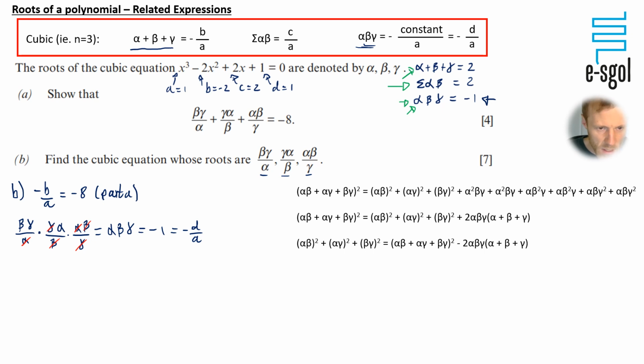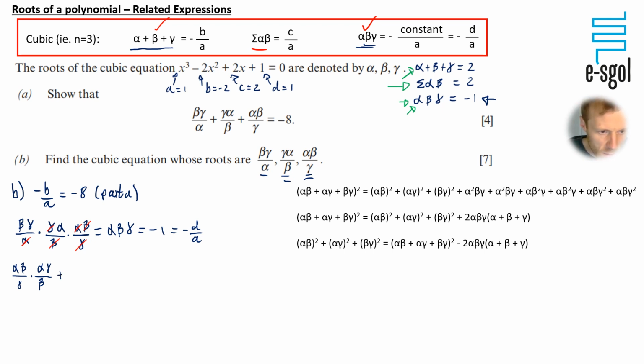It's the next bit that's a little bit tricky. Because I've done this bit here and this bit here, I want to find the sum of the alpha beta components, so I'm going to have to do a little bit of work multiplying different components together here. So I have alpha beta over gamma times alpha gamma over beta, and I'm pairing these things up 2 at a time, and I should get 3 different pairings.